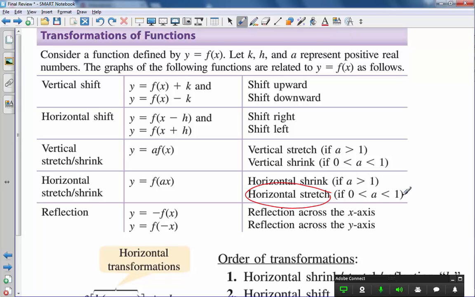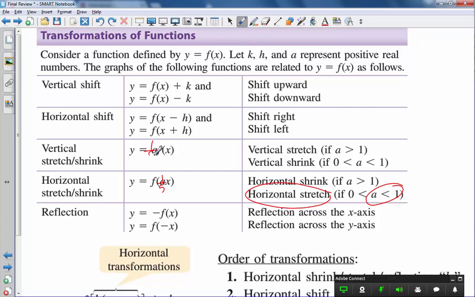Still says it's this one. I see why you picked that one, because the number is small, less than 1. And it says if in your function x values are multiplied by a small number, 1/5, then it's a horizontal stretch. I think it's correct. Why not this one? This is also multiplication.